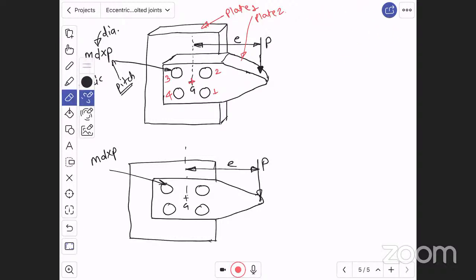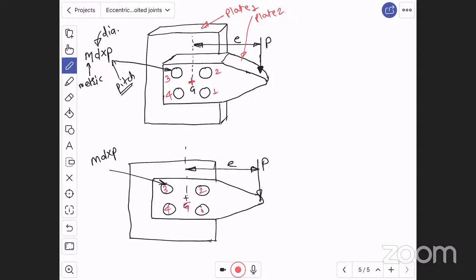Now again, here the plates are connected with the help of four bolts. Here N is the number of bolts. The 2D view we can see like this. Here force P is applied at eccentricity E from the center of gravity of these 4 bolts. This is bolt number 1, bolt number 2, bolt number 3 and bolt number 4.